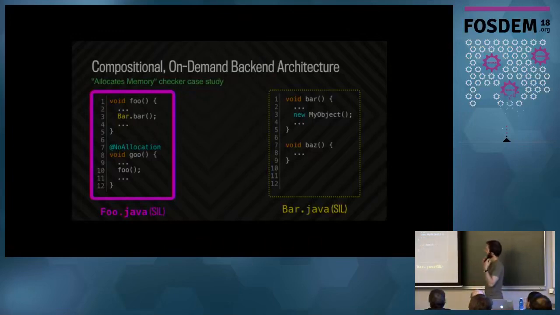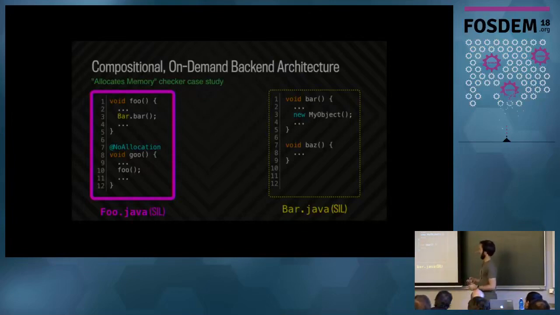So each analysis has to be smart enough to work on a procedure without knowing anything about where it's called. In exchange, that allows us to reuse the summary computed for the procedure in all the calling contexts. So that allows Infer to scale very nicely.